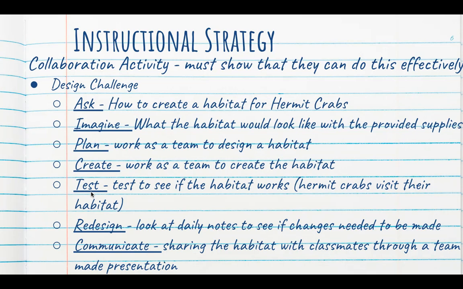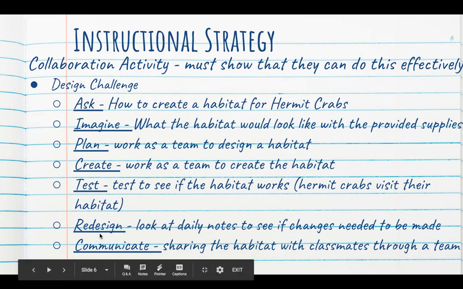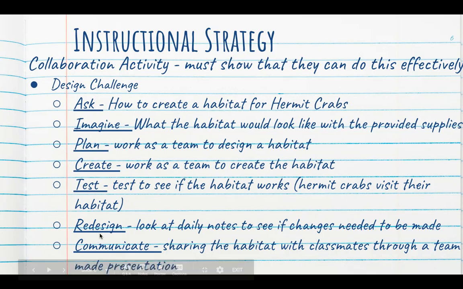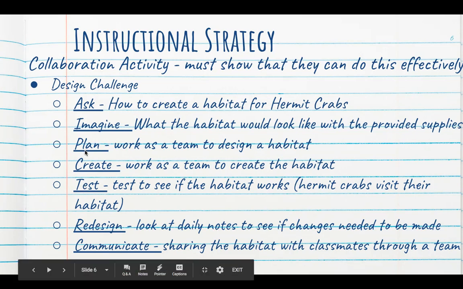Test. This is where they will see if their habitat works. So they will set their habitat out and see if hermit crabs visit their habitat. That is how they will know if it works. Redesign. They will look at their daily notes to see if changes need to be made. If so, they will have the opportunity to go back to plan and create a new blueprint.